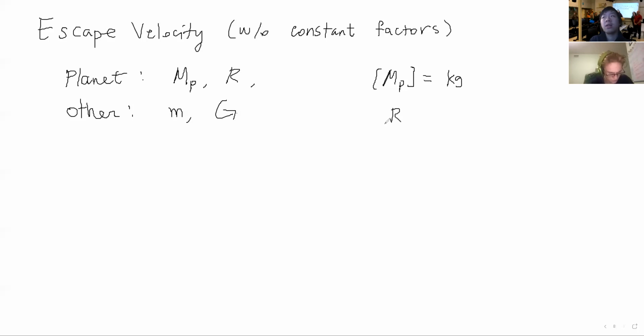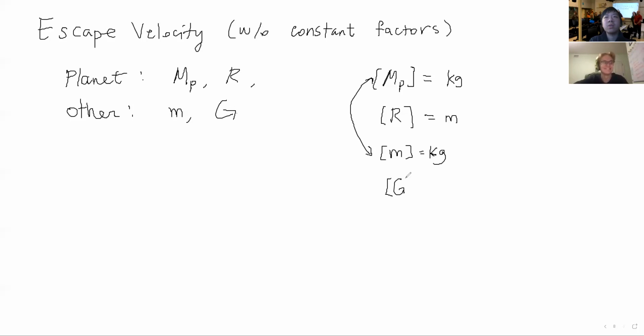What about R? Let's keep it at meters for now, for simplicity. What about the mass of the object? Kilograms. This might get a little bit confusing, but we'll figure it out later.